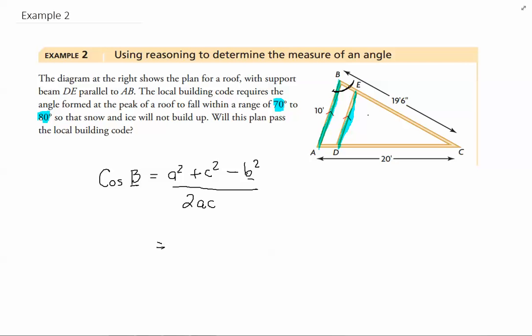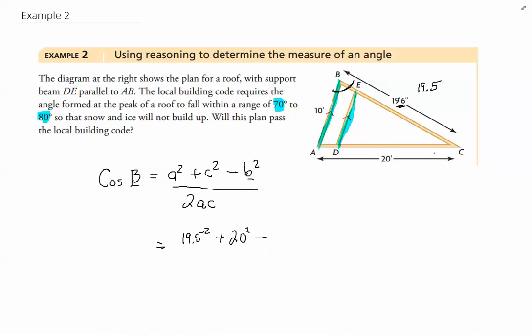Now we simply substitute in our numbers. Notice here that we have 9 feet 6 inches. Remember, 6 inches is half a foot, so we have 19.5 feet. Substitute in. A is 19.5 squared plus C, which is 10 squared.